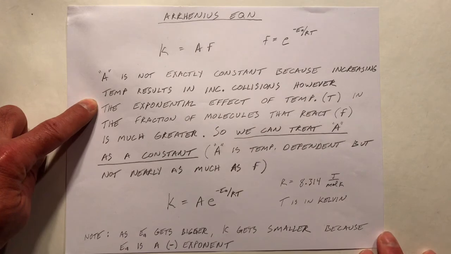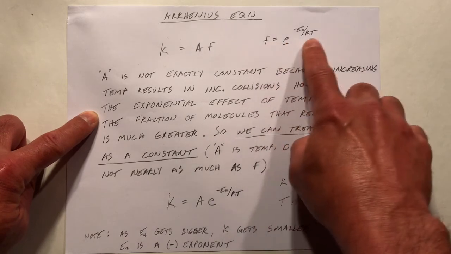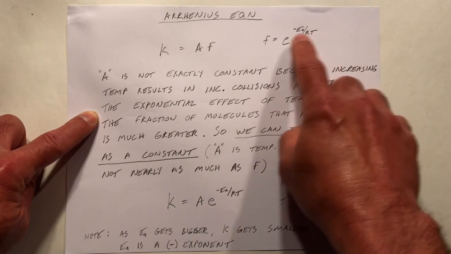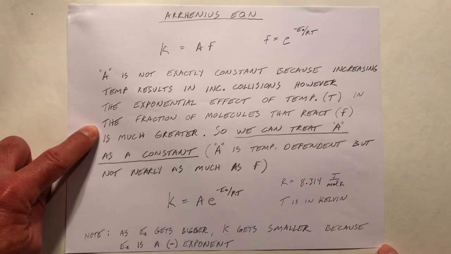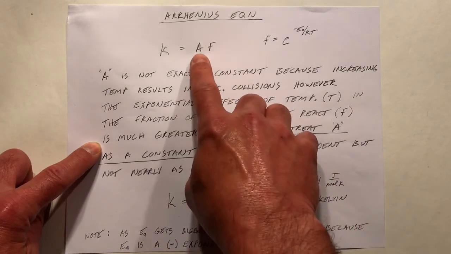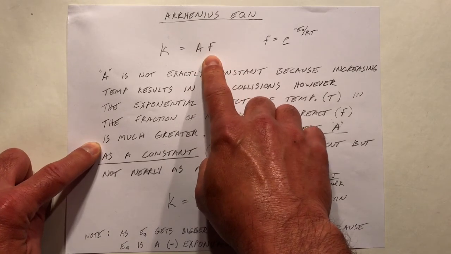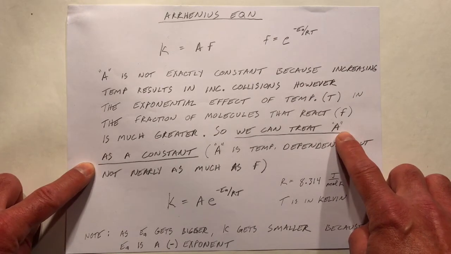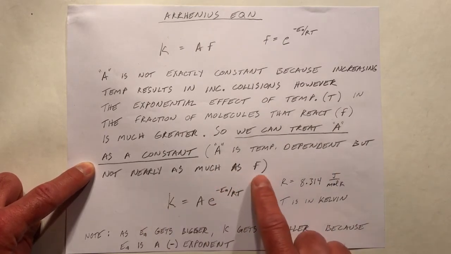However, the exponential effect of temperature on the factor f, notice that T is in the exponent here, in other words, the fraction of molecules that react, is much greater than the effect of temperature on A. So while A does fluctuate a little bit with temperature, f fluctuates a lot with temperature. So in comparison, we can treat A, the frequency factor, as a constant. A is temperature dependent, but not nearly as much as f.